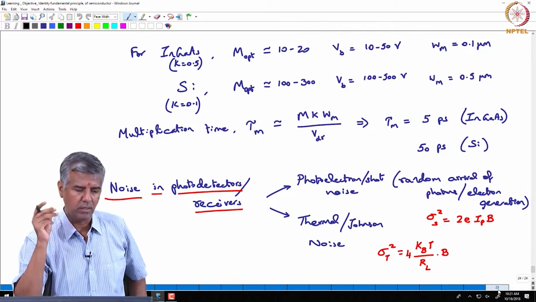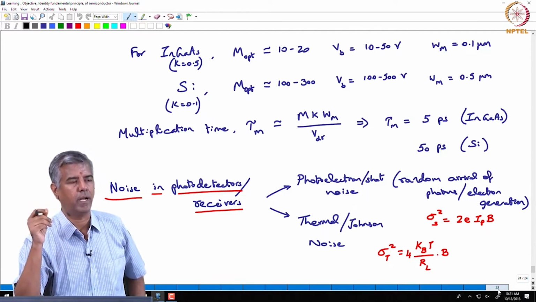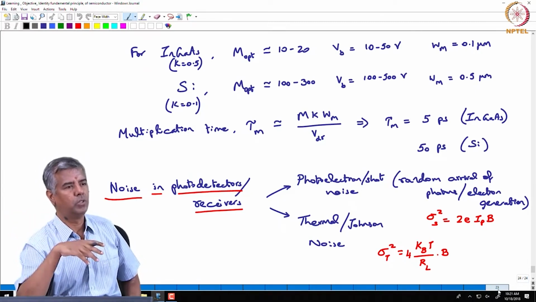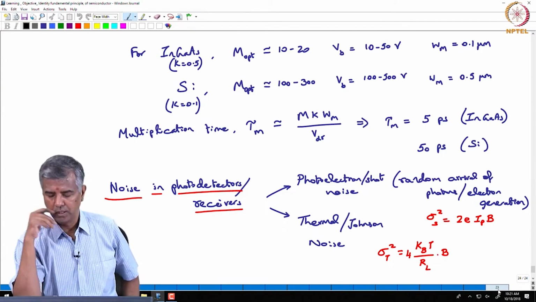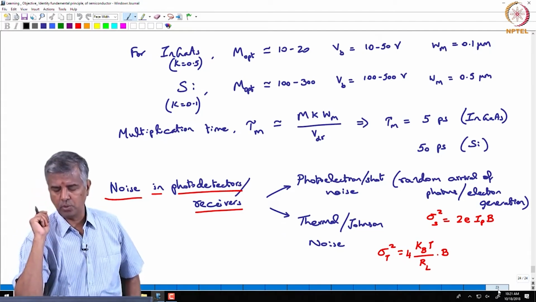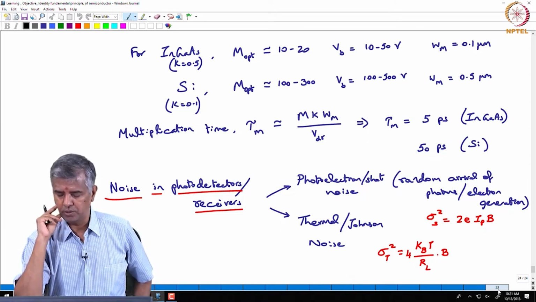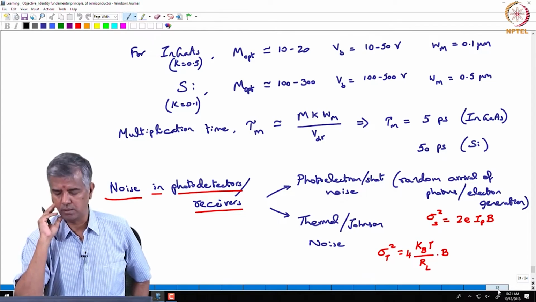In a typical case, it is not just the photodiode that matters; you need to extract the current in the external circuit, so you have to look at it overall as a photoreceiver. When we look at the receiver noise overall, there will be one component which is the shot noise, and the other component is the thermal noise.